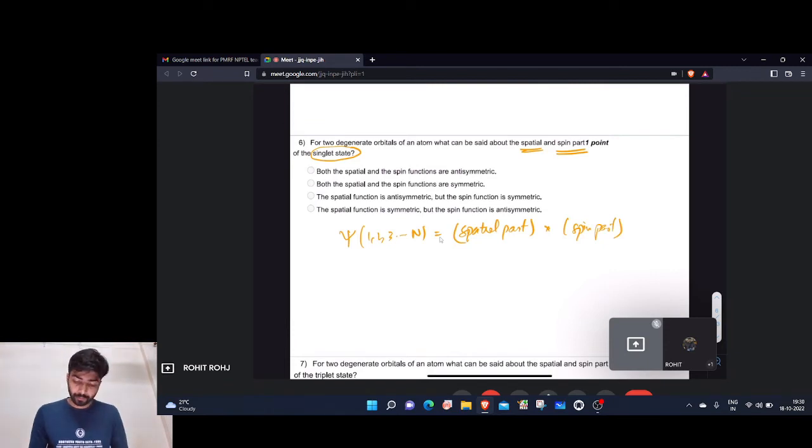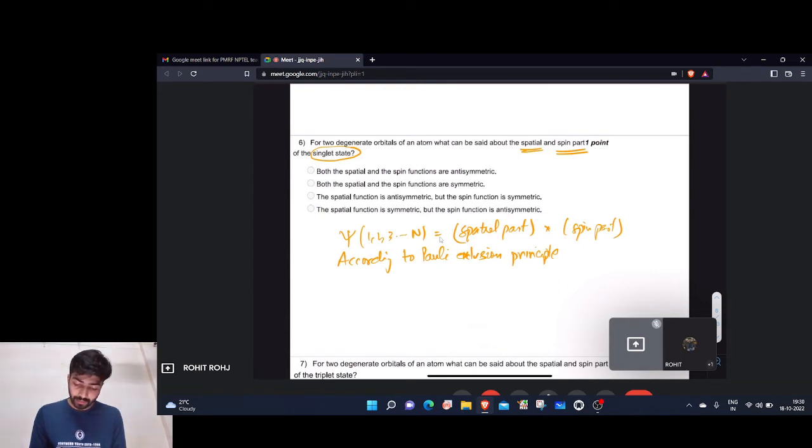Now for the Pauli exclusion principle to be satisfied, one of the spatial part or the spin part has to be symmetric and the other has to be anti-symmetric.